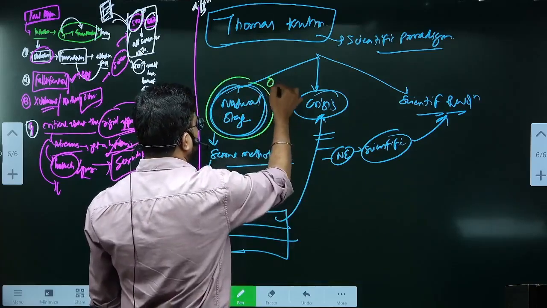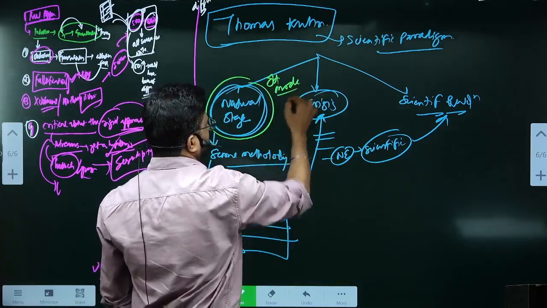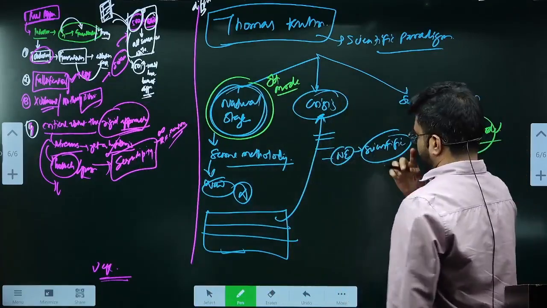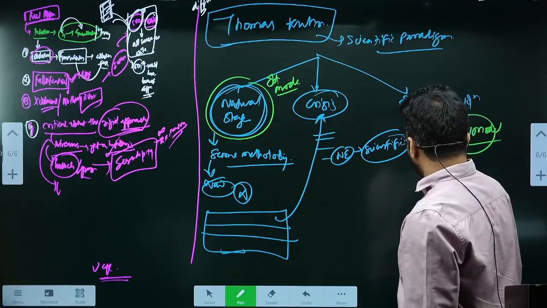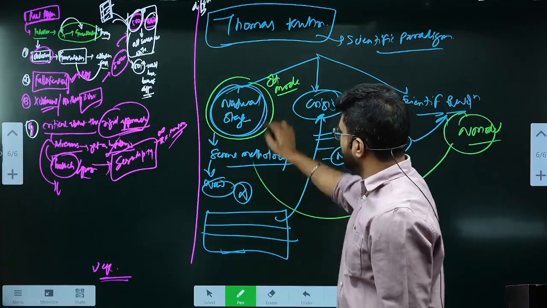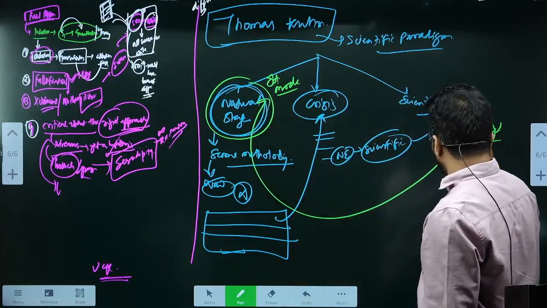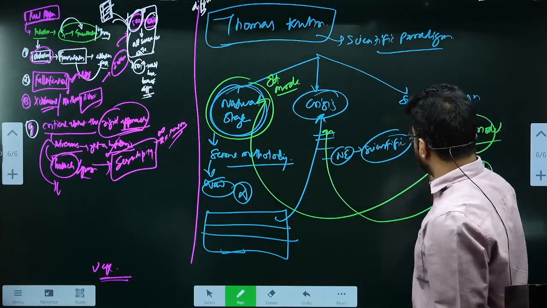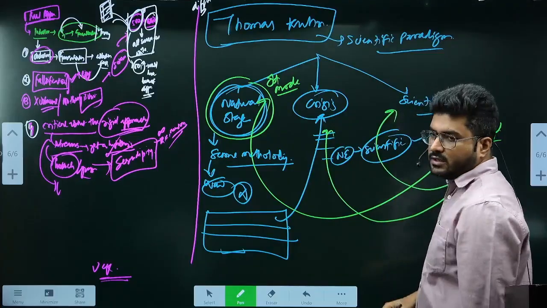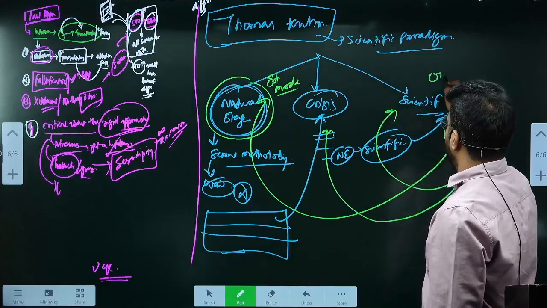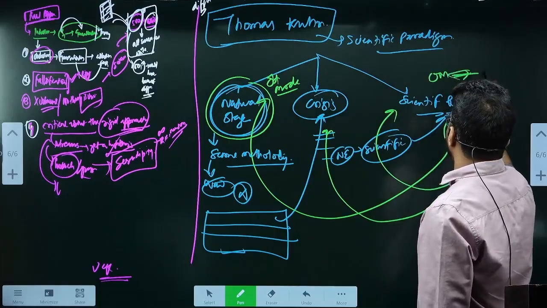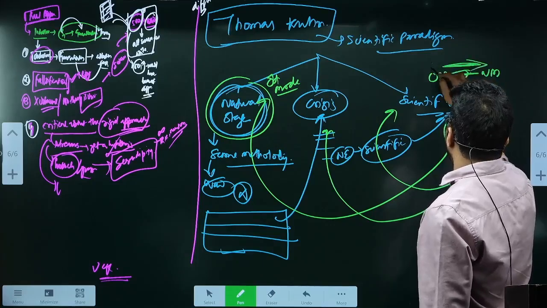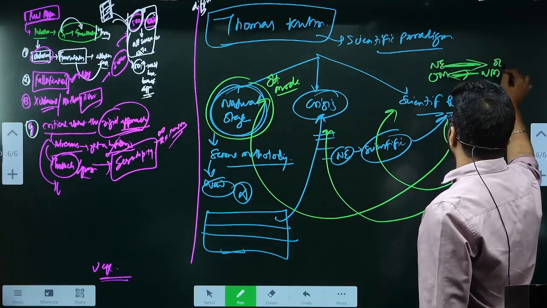So this will become an old model now, and there will be birth of a new model. But then after some time, this new model will replace the old model, and this new model will become old. When there is again a crisis time, a different new model will be made. So the old model gets replaced by a new model, and then the new model will again get replaced by a different new model when it becomes old.